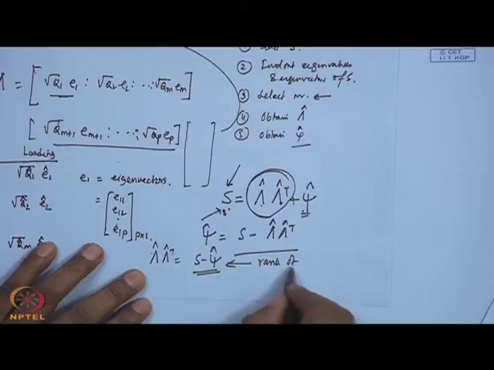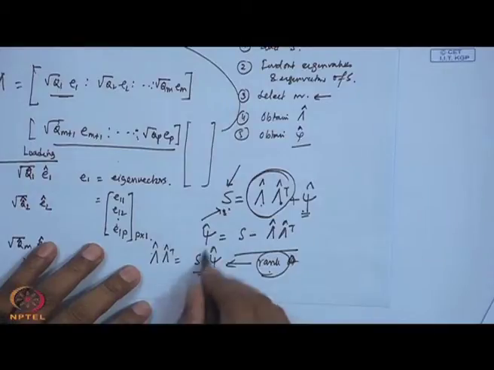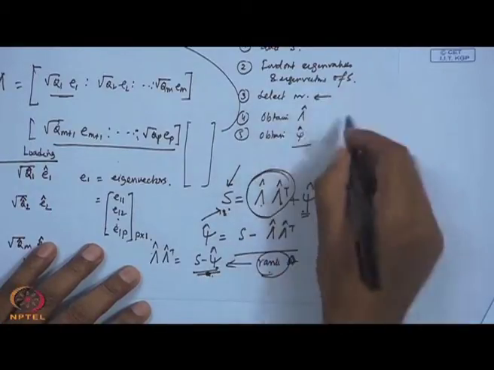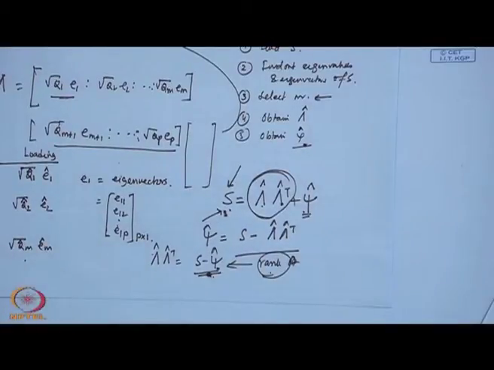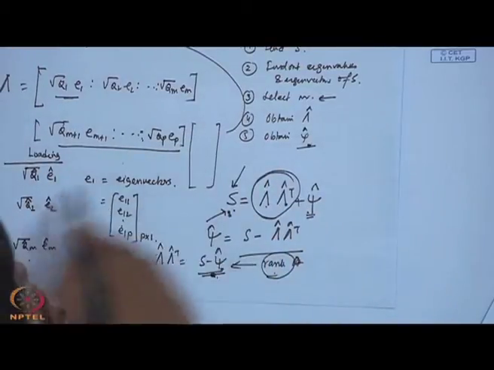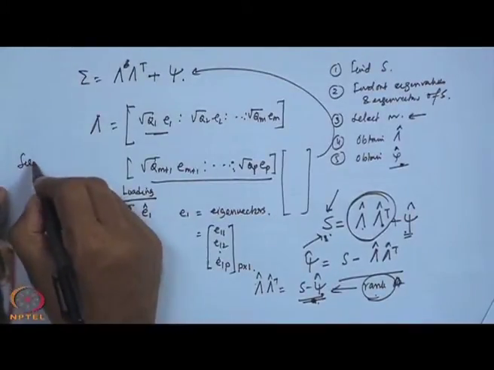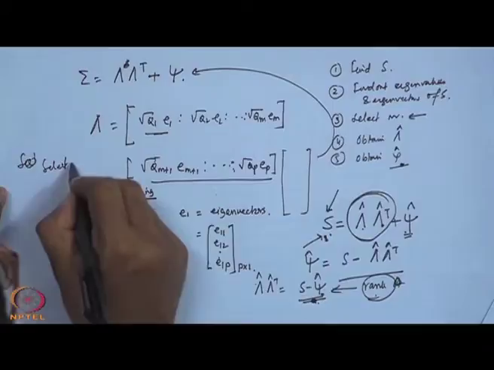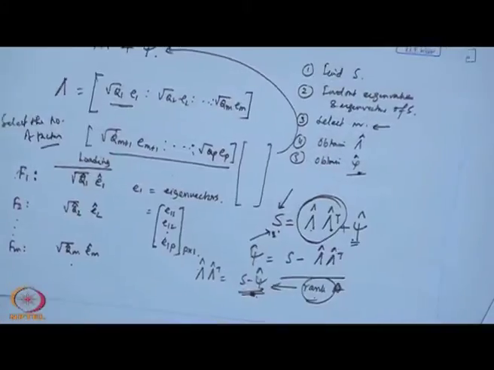I mean to say, find out the rank of this matrix. But you do not know Psi. Here, the way we are doing it, you are basically finding Psi. So if you go by this method, you first find this one. There are methods to first select the number of factors that we will discuss.